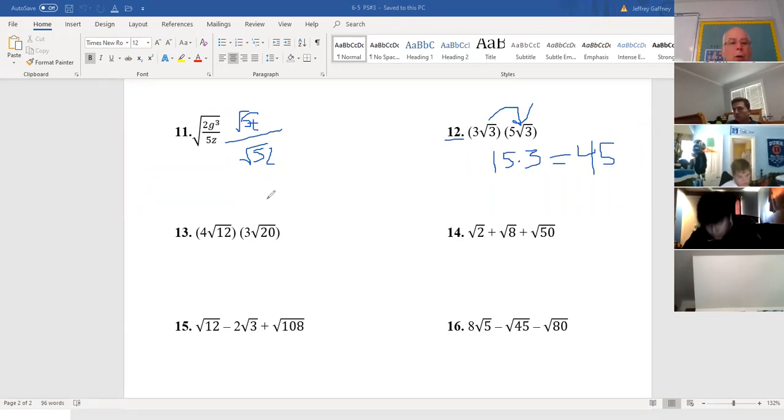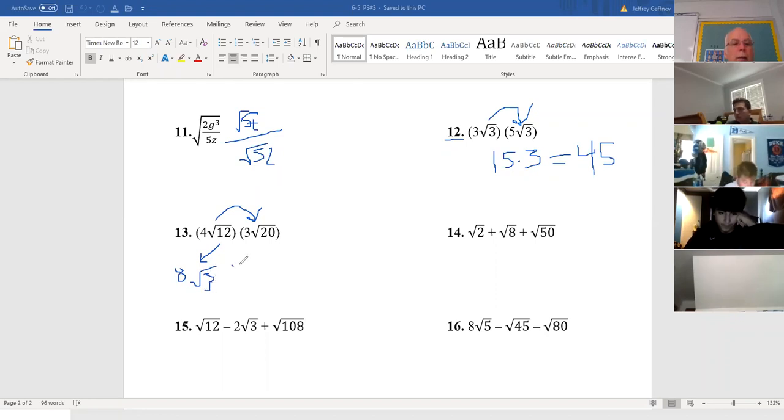Now, you can do this just like we did the last one, and you'll be fine as long as there's no careless mistakes. Or we could simplify this. 12 under the radical can be rewritten. That's the same as 4 times 3, right? So the 4 comes out as a 2, leaving 3 under the radical.